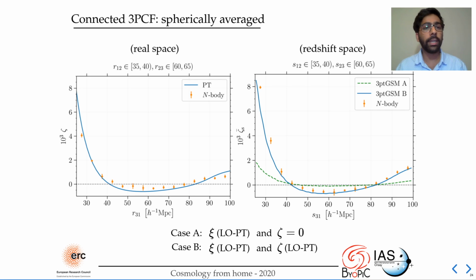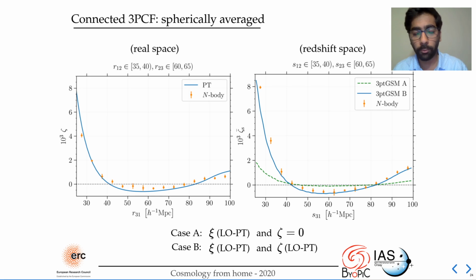What we see here is that on this triangular configuration, the perturbation theory predictions for the real space 3-point connected correlation function are not the best, and they can be improved. However, we still use this as the input for the 3-point Gaussian streaming model, and we check, and on the right panel we see the spherically averaged quantity.